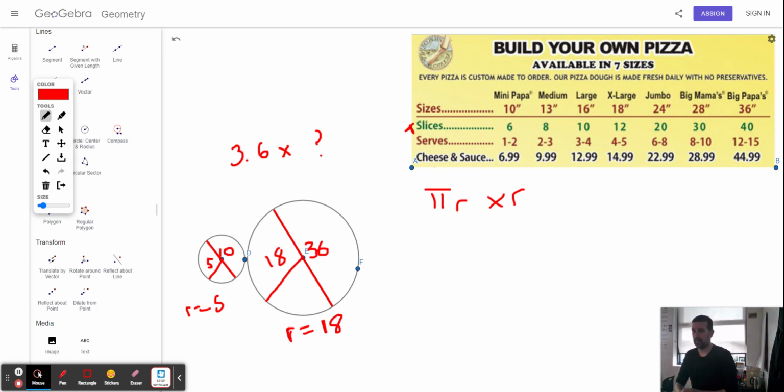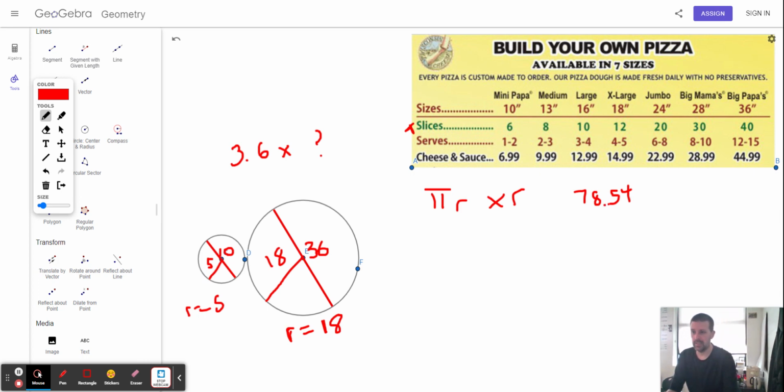So let's go pi r times r for the Mini Papa, which is a 5-inch radius. What is pi times 5 times 5? The answer is approximately 78.539816. Okay, so we've got 78.54 if I round up, which I will because the thousandth place is a 9.